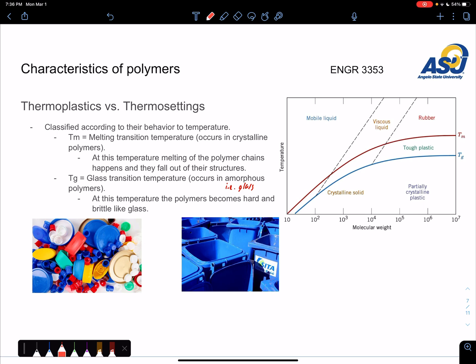And so here in this plot to the right, you can see how the melting temperature and the glass temperature kind of sit within different kinds of polymers. So here you have a mobile liquid, a viscous liquid, a rubber, tough plastic, partially crystalline plastic, and crystalline solid.